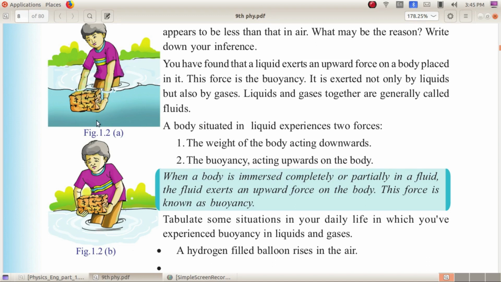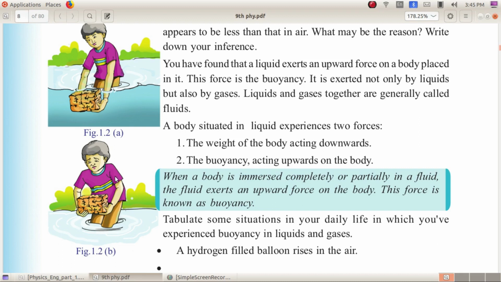The downward force is due to its weight and the upward force is by the liquid. The upward force is termed buoyancy and the downward force is its weight. Understand? A body situated in liquid experiences two forces: the weight of the body acting downwards and the buoyancy acting upwards on the body.